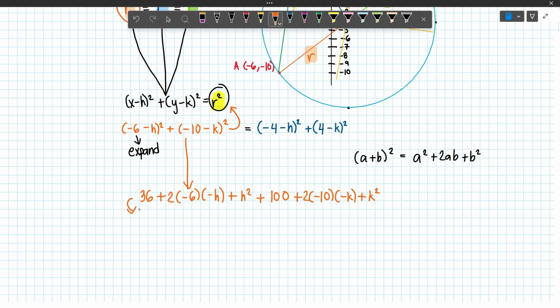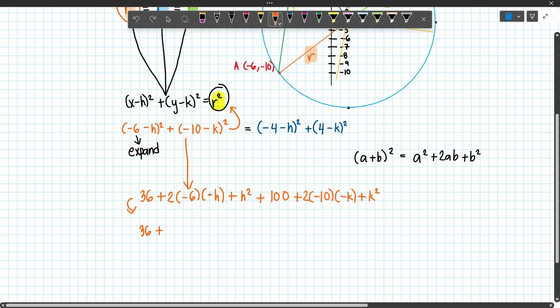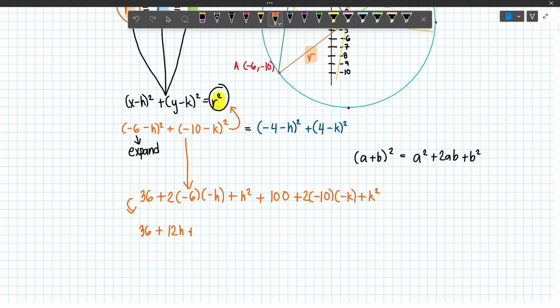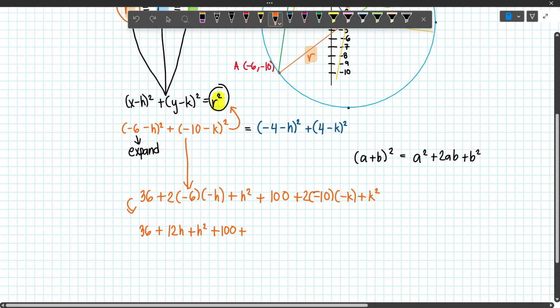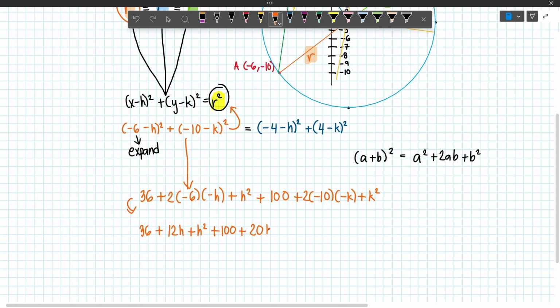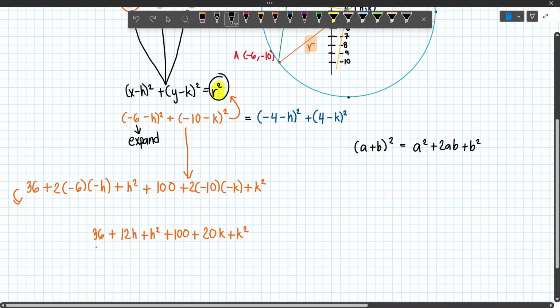This will simplify into 36 plus, because negative times negative is positive, 12h plus h squared plus 100 plus, because again, negative times negative is positive, 20k plus k squared. Now, this is equal to the expanded form of this one.